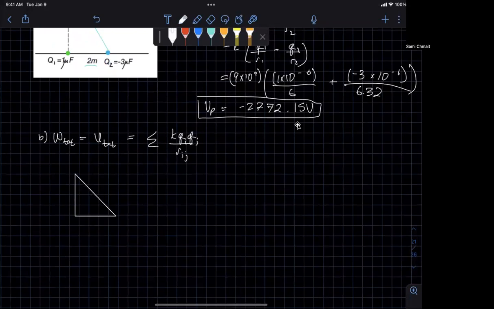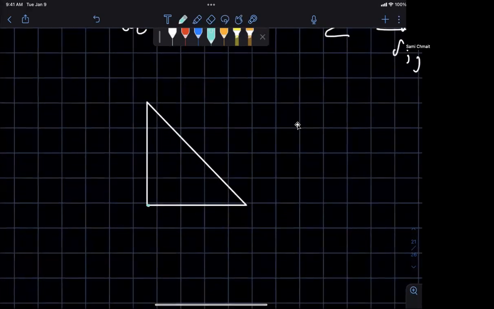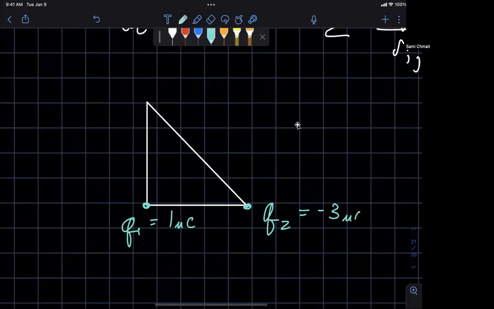Over here, we have Q1. This is 6 meters. Let me do a different color. 2 meters, and that was at 6.32.